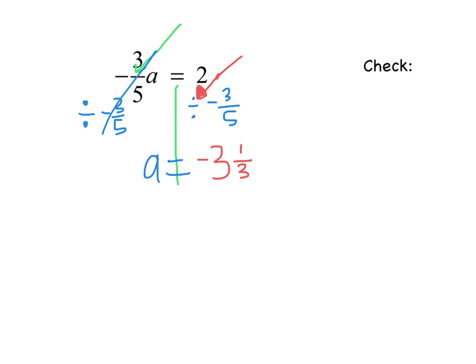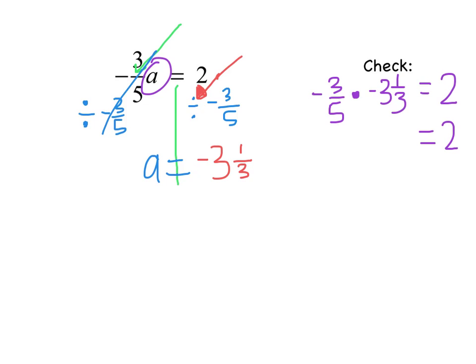Let's do the check. So I am going to plug in for A my answer. So I'm going to write -3/5 times -3 1/3. And I want to see, does all that stuff equal 2?